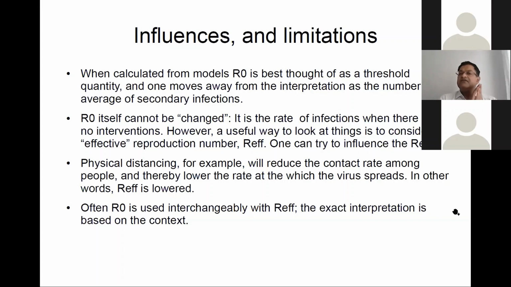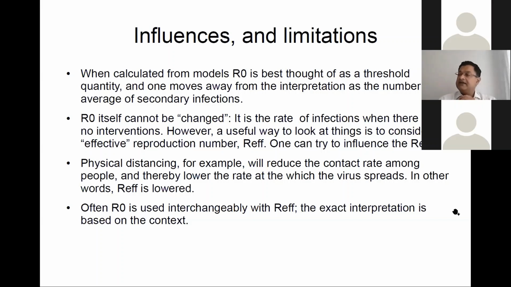So for example, physical distancing will reduce the contact rate between people. If you imagine that you're completely isolated from someone and you're infected, then it's very unlikely that you'll transmit it to somebody else. So in fact, if everyone who is infected was isolated, then R0 will essentially be 0, because you cannot transmit to anybody else, right?